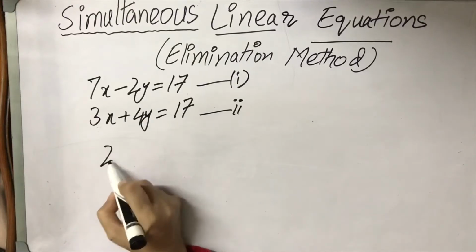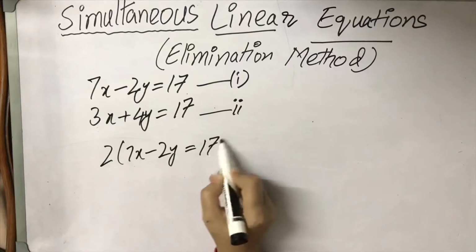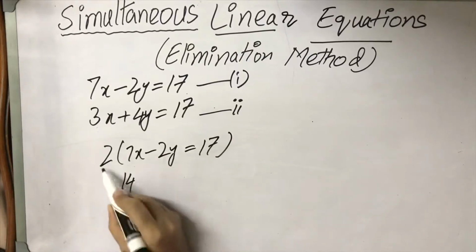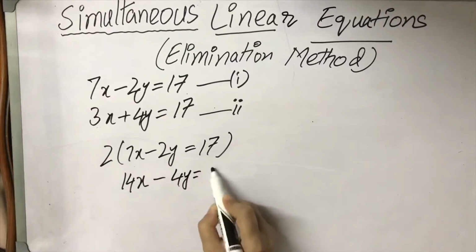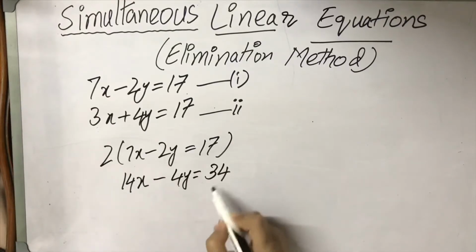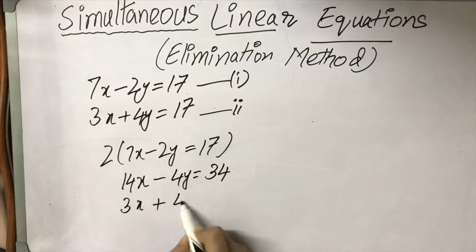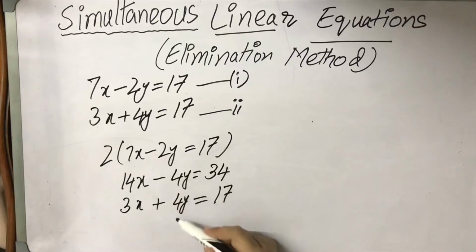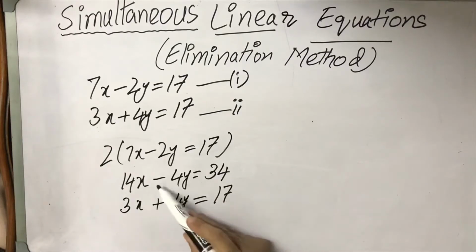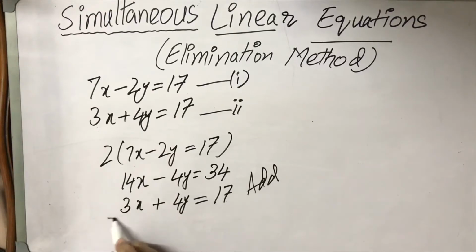When we multiply the entire equation 1 with 2, we shall have 14x, 7 2s are 14x, minus 4y equals 17 2s are 34. The second equation will come now here, 3x plus 4y equals 17. Now y have the same coefficient but with opposite sign. We shall add.